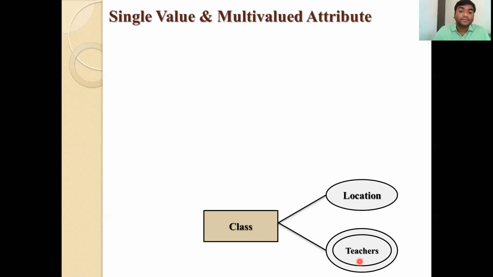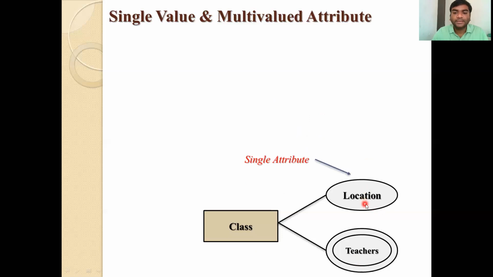Again, subject is a multi-valued attribute because you are not going to learn only one subject, you are going to learn multiple subjects. So that subject has multiple values, which makes it a multi-valued attribute. Location is only one location. It cannot be changed or have multiple values. That's why it is represented by the single oval.